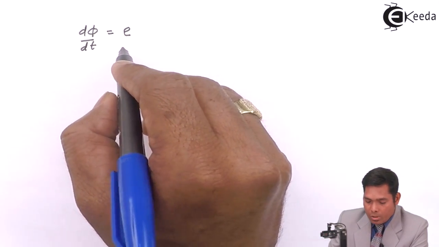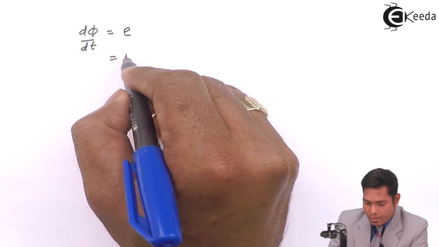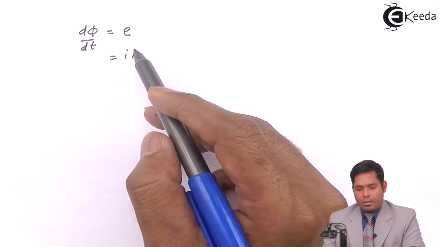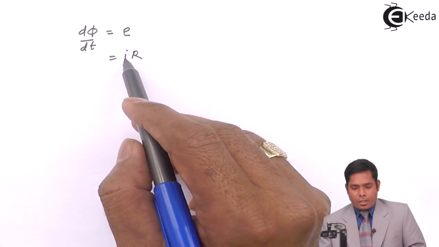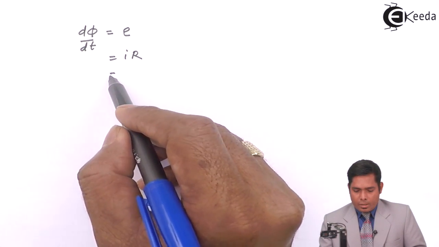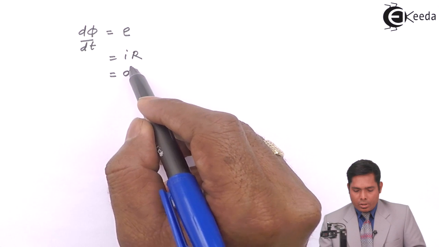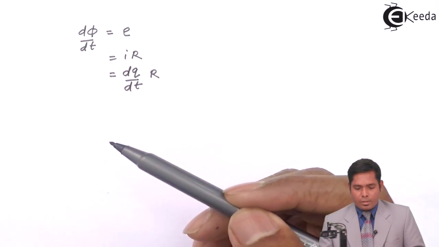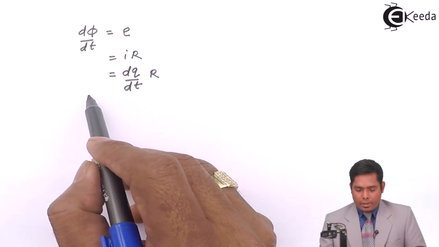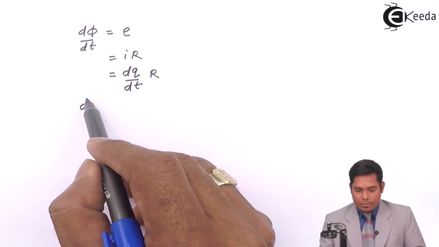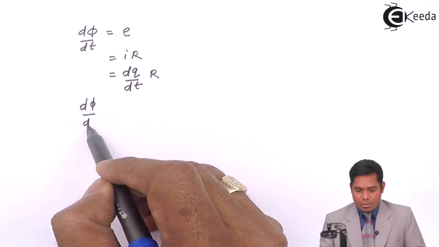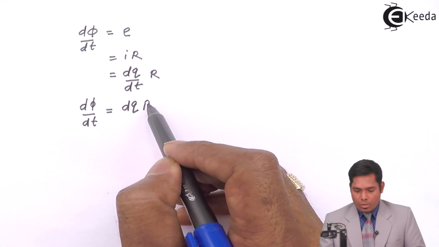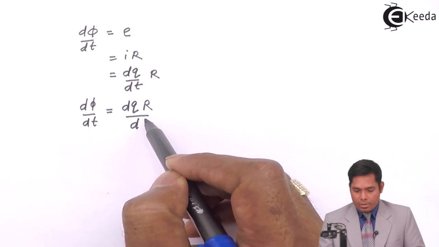The EMF induced is I into R. This is Ohm's law, that the potential difference is I into R. From here, I can write I as dq by dt, into R. So I can write d phi by dt as dq into R divided by dt.